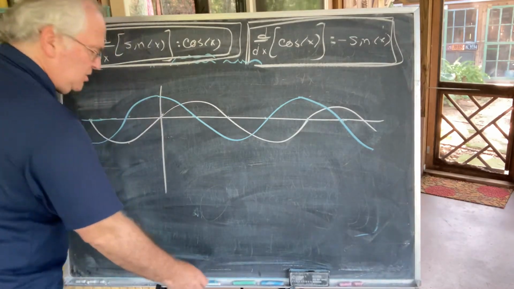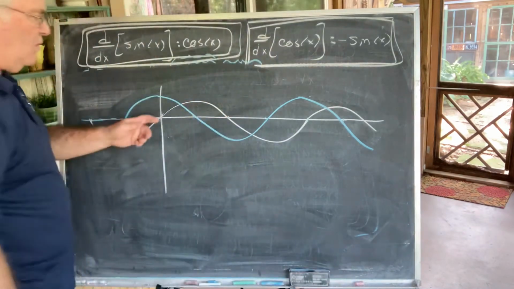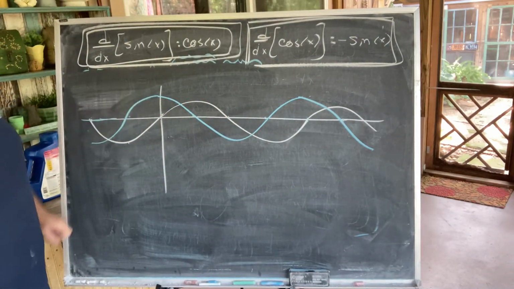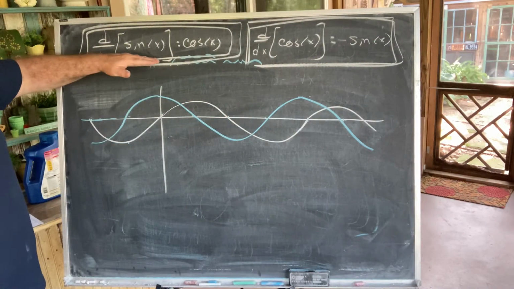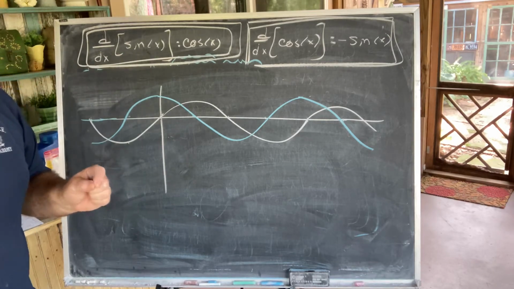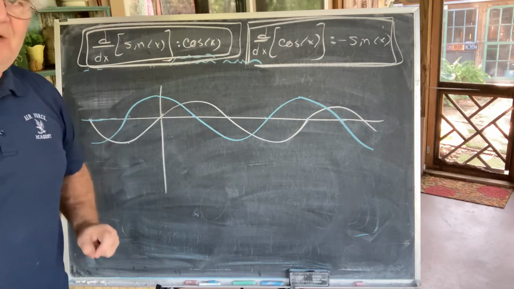There is a relationship between these two curves. The white is the sine, the blue is the cosine, and the relationship is here. Remember, derivative means slope of the tangent line.